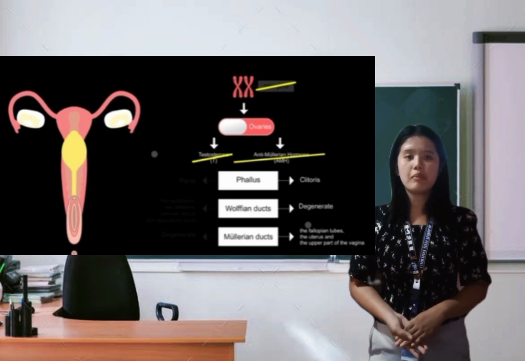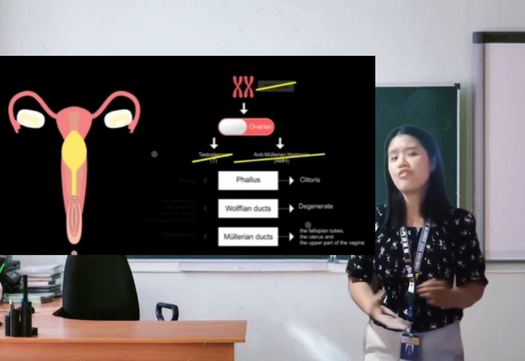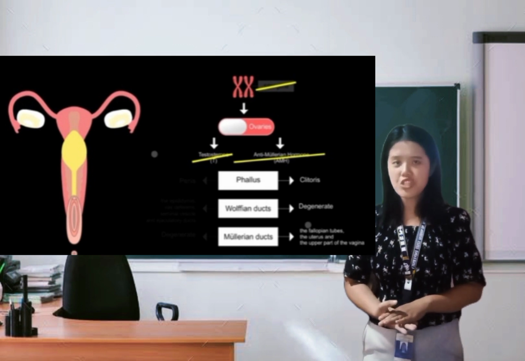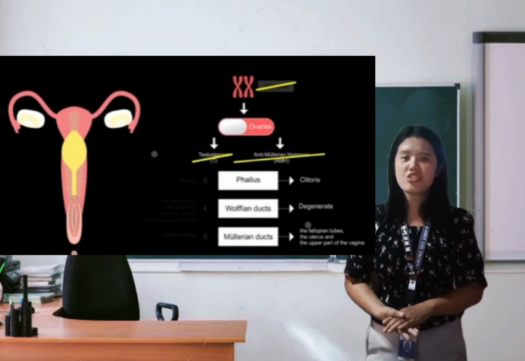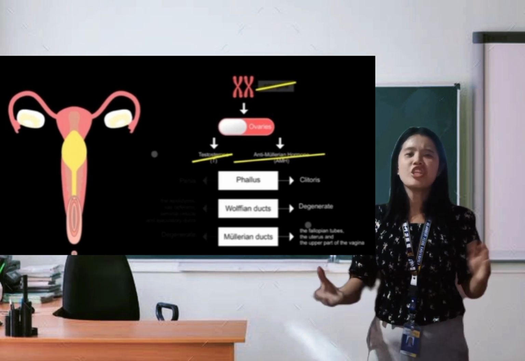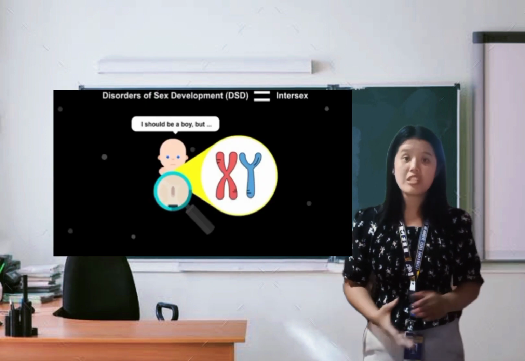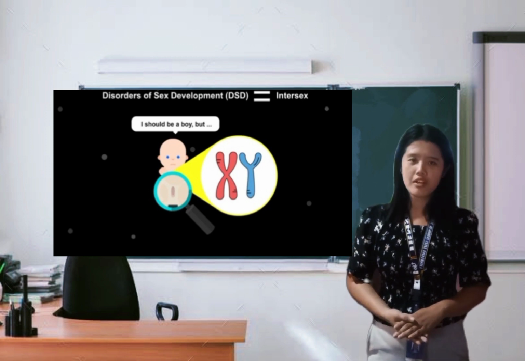As a genetically female embryo does not have the SRY gene, gonads will turn into ovaries. Without testosterone and AMH, female organs will develop. Changes to any of this process can cause disorders of sex development, or DSDs, formerly termed intersex conditions.